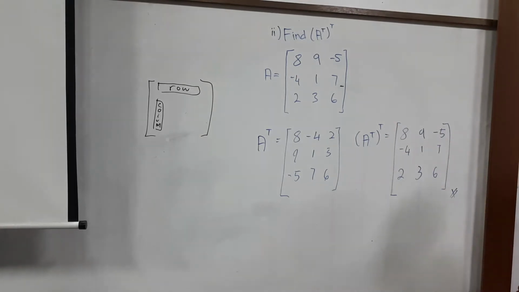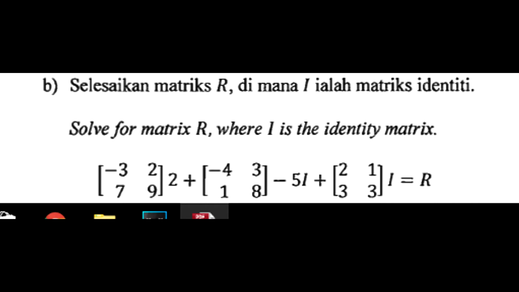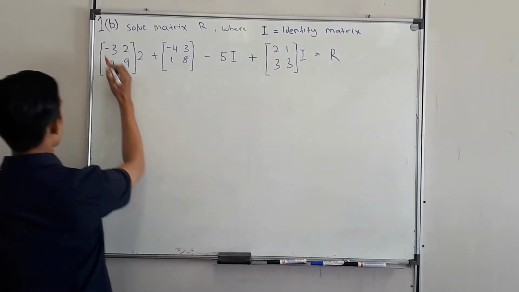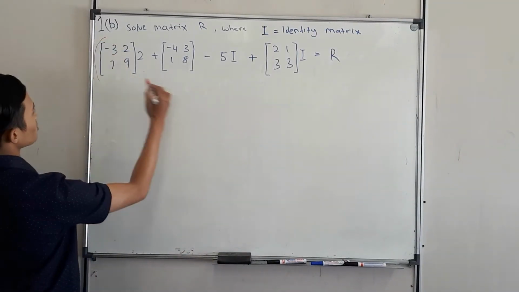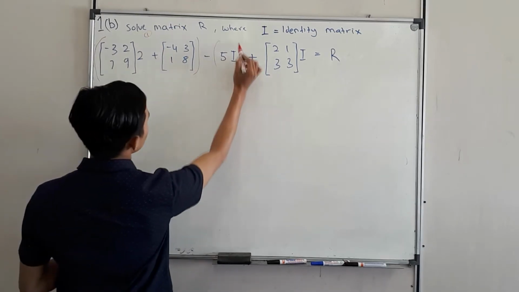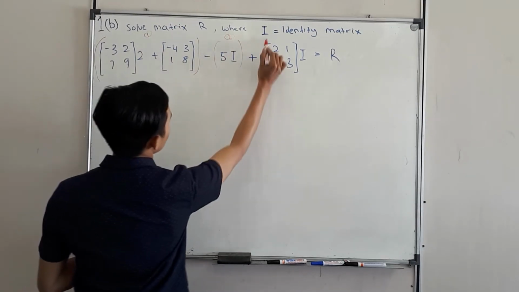Now, okay, we continue for question 1B. For this question, they are asking us to solve the matrix, where I is the identity matrix. So to make it easier to explain, I will divide it into 3 parts: this one part, second part, and this third part.